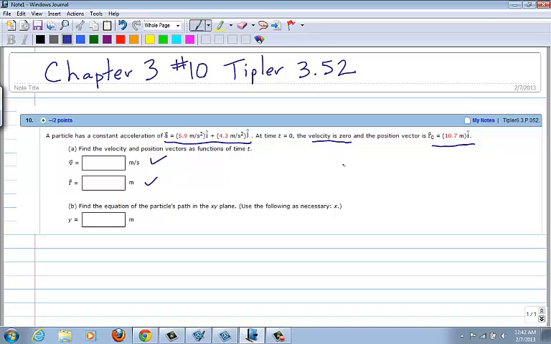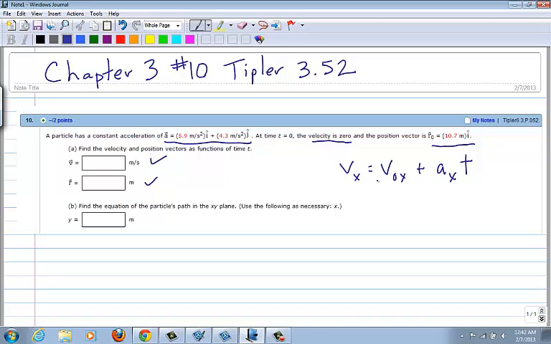So for example, we know that v in the x is equal to v0x plus a in the x times t.